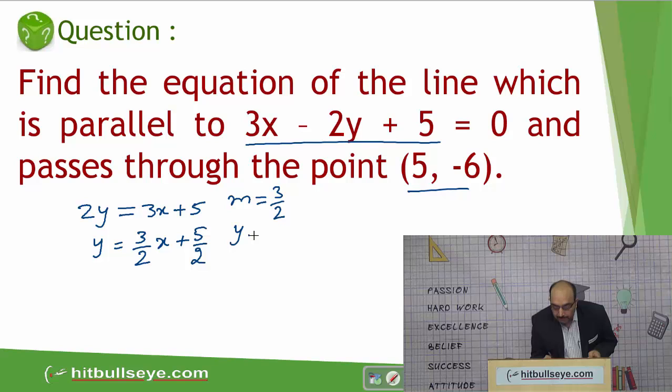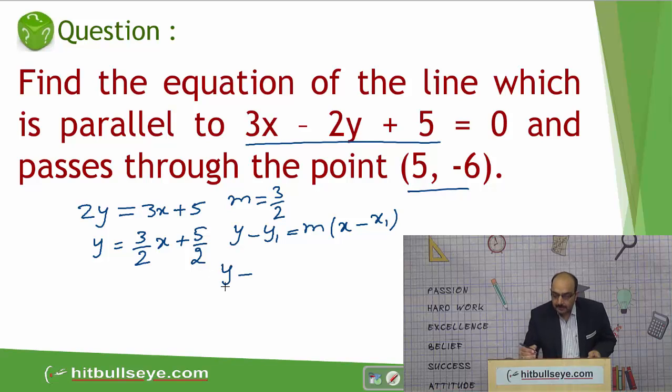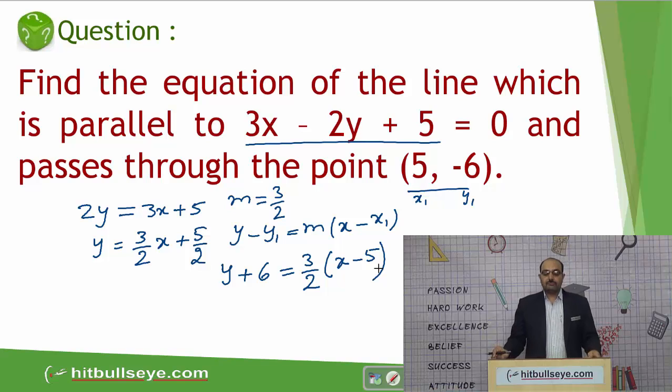So we can write y minus y1 equals m into x minus x1. We have the point x1, y1, so this would be y plus 6 equals 3 by 2 into x minus 5.